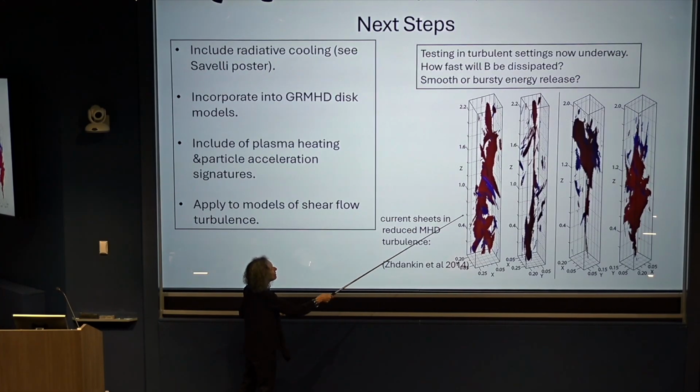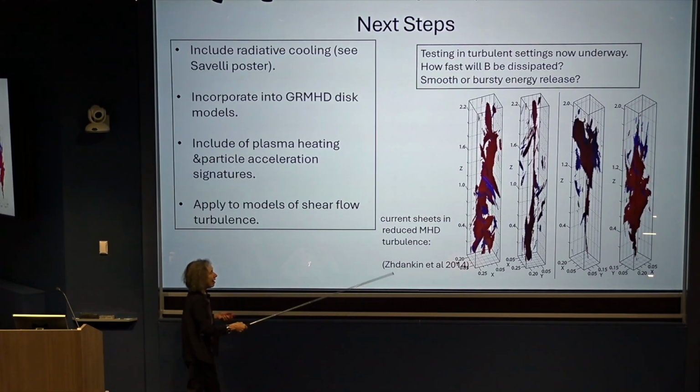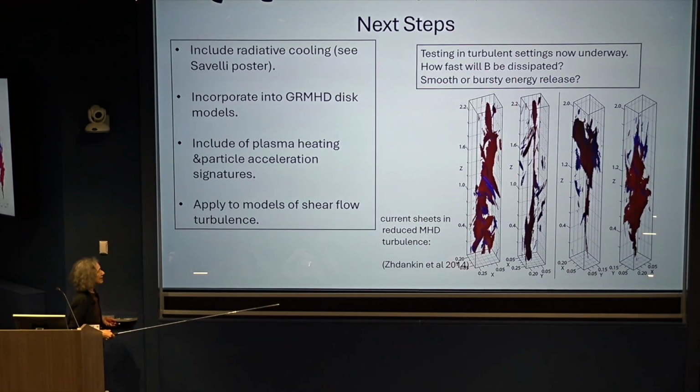This is just an image of some current sheets in so-called reduced MHD turbulence, where there's a strong guide field, based, I think, on Vladimir Zhdankin's thesis or pre-thesis work. Just a good picture. The next steps are to incorporate this into MHD models, to include radiative cooling. So there's a nice poster that I encourage you all to look at by Savelli, student at CETA.